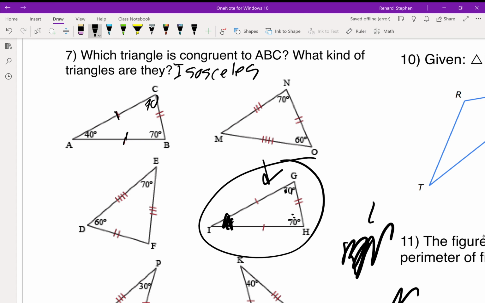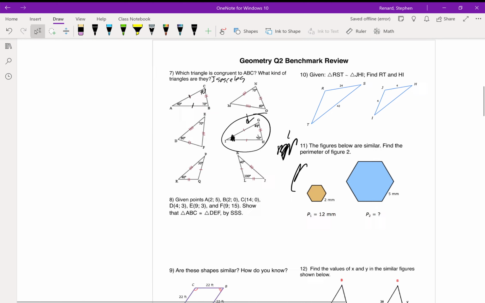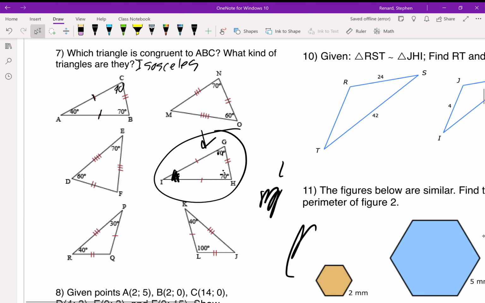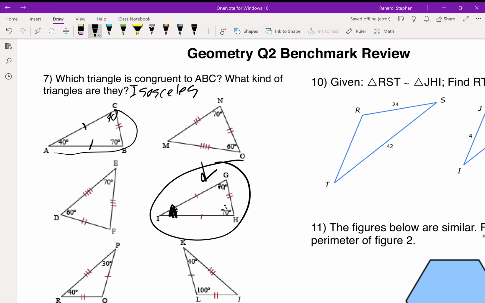And so we just look for that right there. And so we would then say which triangle is congruent to ABC. We need to make sure that we're following the right set here. So we go I, G, H. What kind of triangles are there?